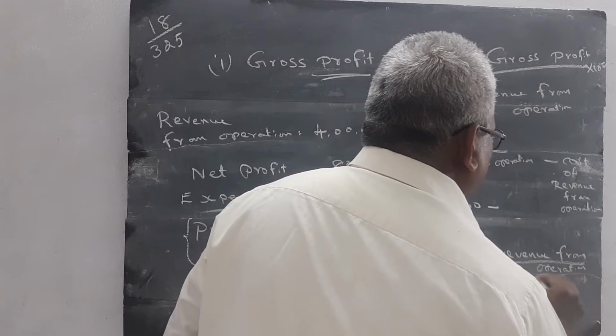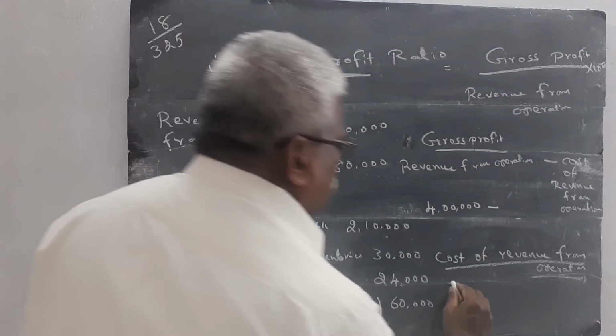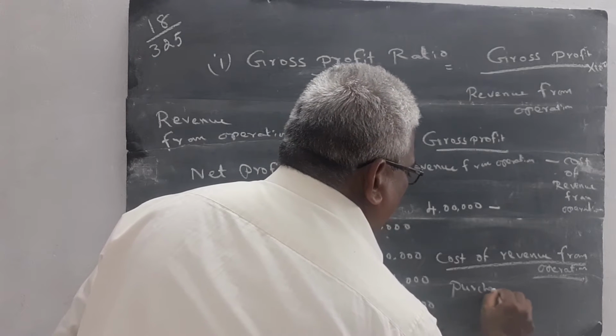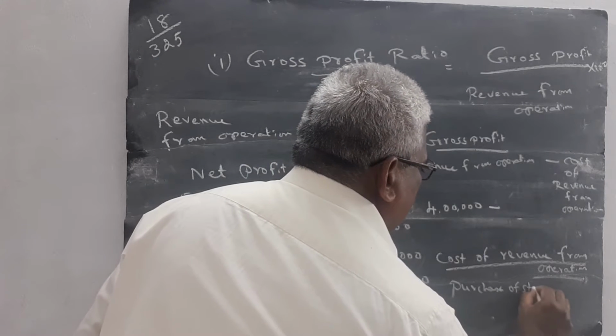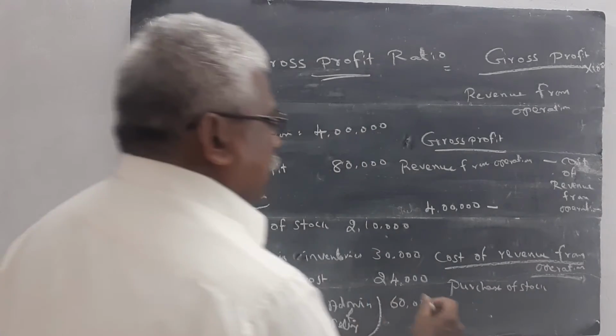Cost of revenue from operation is equal to purchase of stock plus change in inventories.